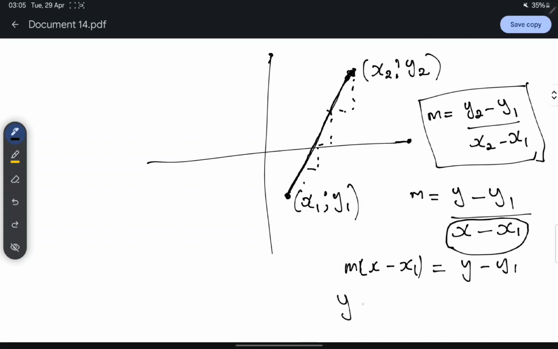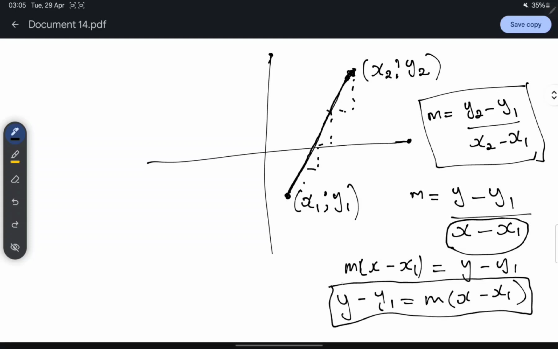So my y minus y1 is equal to m times x minus x1. So this forms the equation of a straight line. When you are given a gradient and a single coordinate, you are going to use this equation to find the equation of that line, and the gradient is found using this formula.